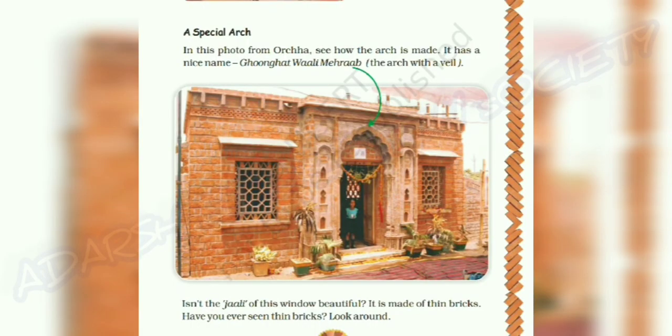Here in this picture we can see the arch design, right? It has its special name, Ghungat Wali Mehrab. Here in this picture we can see. This is called a special arch.